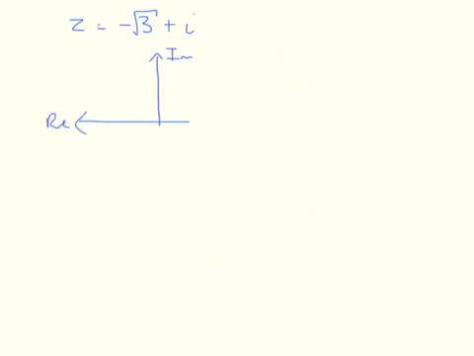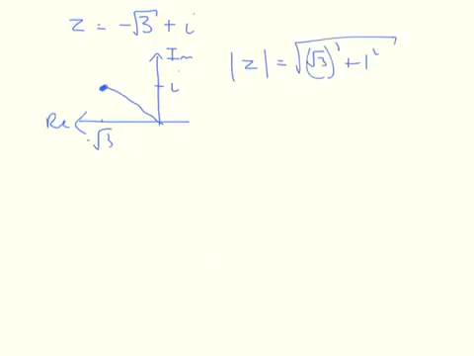Having a look at another example, if I've got the complex number Z, which equals minus root 3 plus i. On my diagram, if I go across to minus root 3 and then up to i, that's where my complex number is. If I have a look how far it is from 0, then mod Z is root 3 squared plus 1 squared under the square root sign, which is 2.